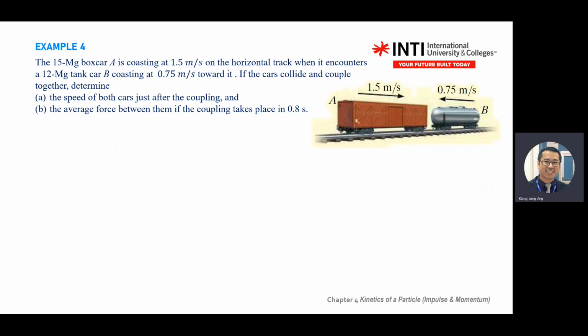But if the objects separate, you have two momentums. The mass doesn't change: M1, V1 after, M2, V2 after. So if the objects separate, you have different velocities. In this case, coupled means the momentum after is still the same, but the masses are combined already. So when it is coupled, the two objects move at the same speed. Basically you combine these two into the same momentum, m1 plus m2, because it's coupled, moving at the same speed.